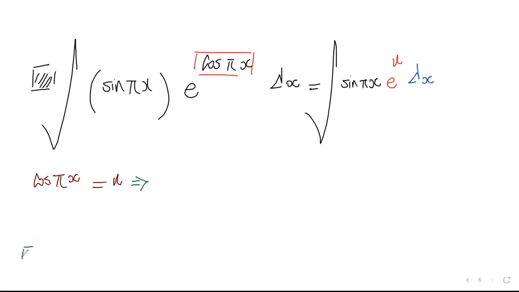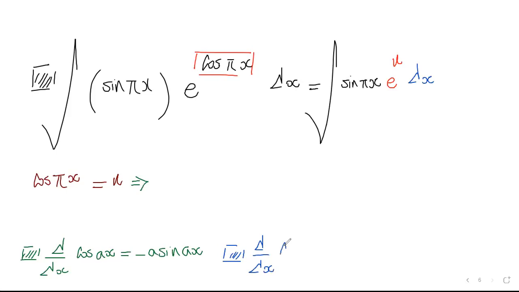I know that as an identity, d over dx of cosine of ax is minus a sine of ax, which essentially comes from the bigger picture that d over dx of cosine of f(x) is minus d over dx of f(x) times the sine of f(x).